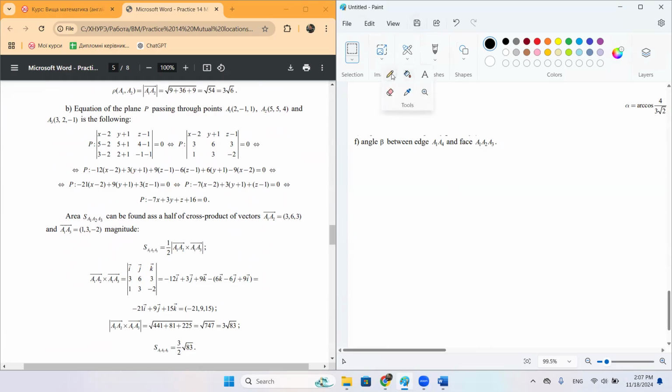The next formula gives the sine of beta. We know the coordinates of the normal vector of the face, and we have the coordinates of A1A2 and A1A4 as well.